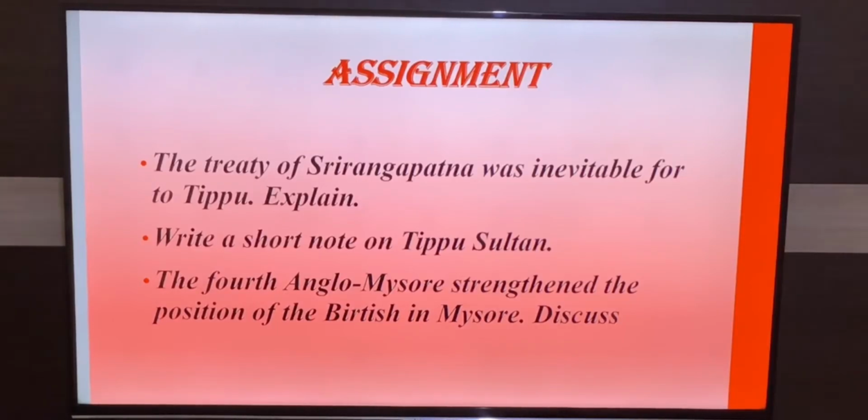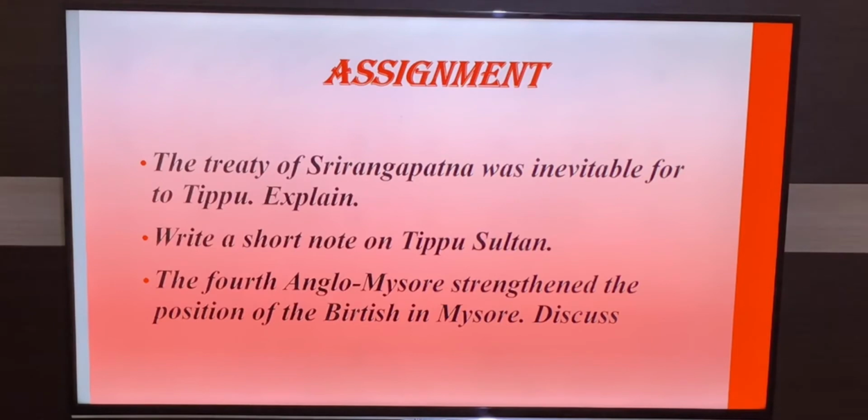Today's assignment: the Treaty of Srirangapatnam was inevitable for Tipu. Explain. You will write the terms of the Treaty of Srirangapatnam. First, Tipu was forced to sign the Treaty of Srirangapatnam. According to the treaty, he had to give half of his territory to the English.